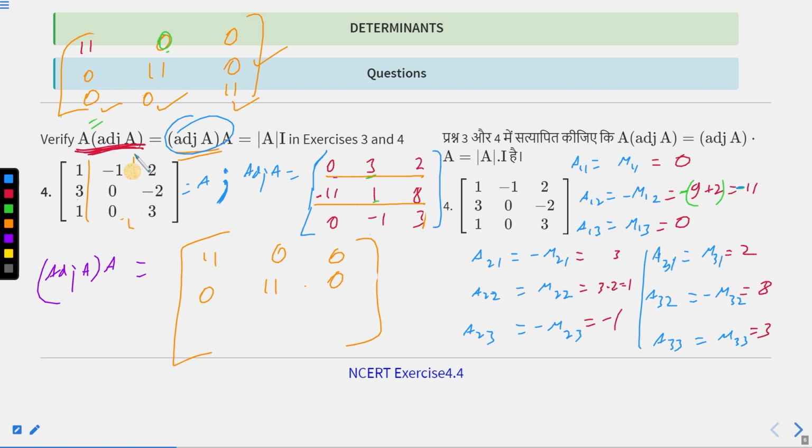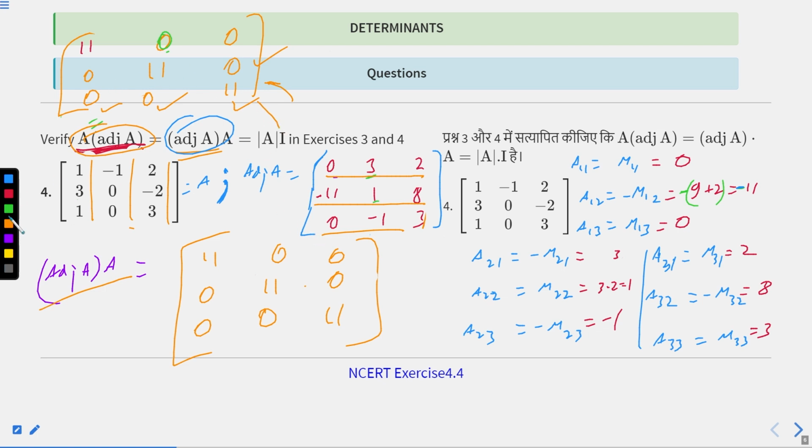Clear? Now the third row will multiply with this column. You will have 0 minus 3 plus 3 means 0. Now multiply with this, everything 0. Now for this, 0 plus 2 plus 9. This will be 11. As you can see, adjoint of A multiply with A and A multiply with the adjoint of A, both matrices give the same output.